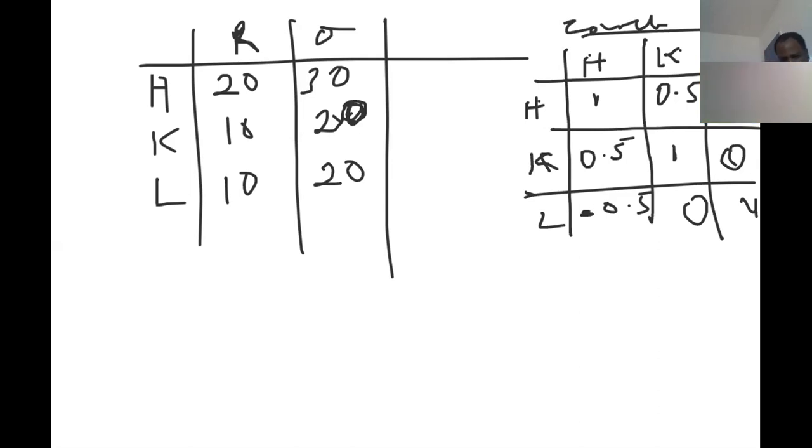Now the question is, suppose how much money you have to invest in each of the stocks H, K, and L, right? So first of all, we have 3 assets. So let me draw this again, then I'll form my portfolio from it. Now I'm going to do the variance covariance matrix.